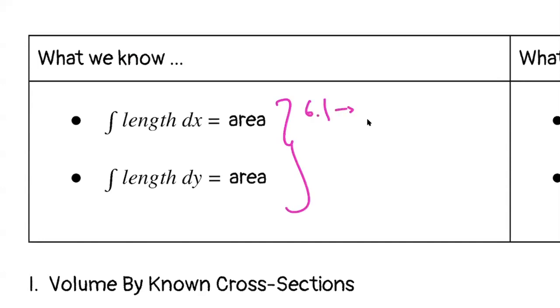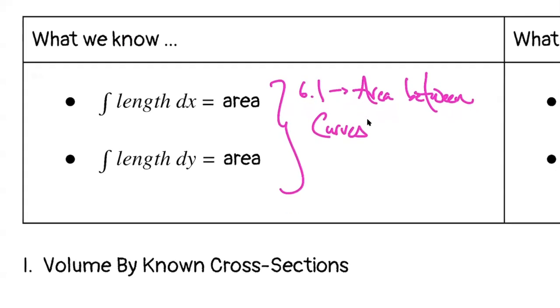All right. We're looking at area between curves. And in particular, thinking about if you have two different curves. So let's say you have a curve like this, and then you have a second curve.